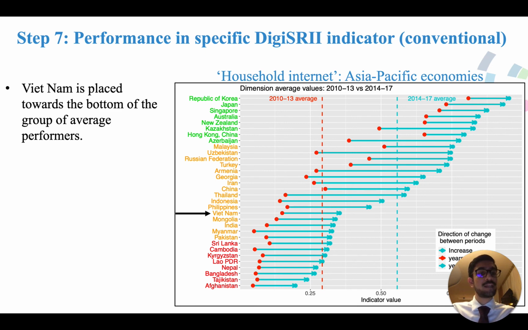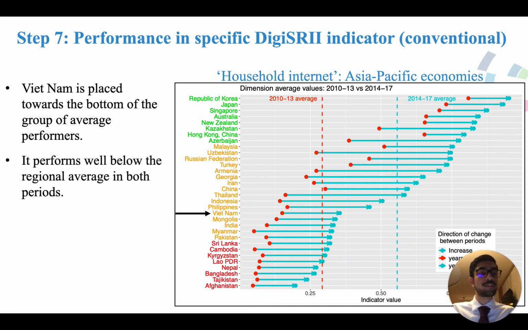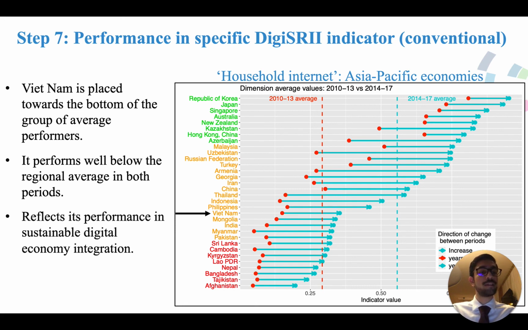This finding clarifies Vietnam's average sustainable digital economy integration, as its performance in a key driving indicator is towards the bottom end of average in comparison to other regional economies. Thus, the economy has significant room for improvement in this indicator of inclusive access to digital economy infrastructure.